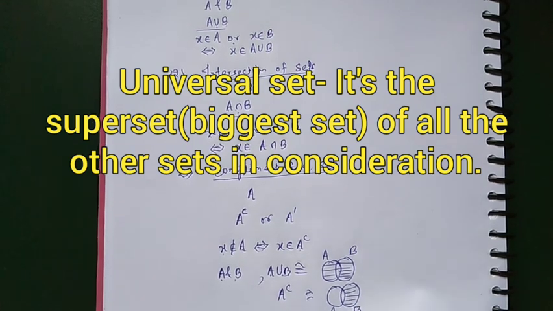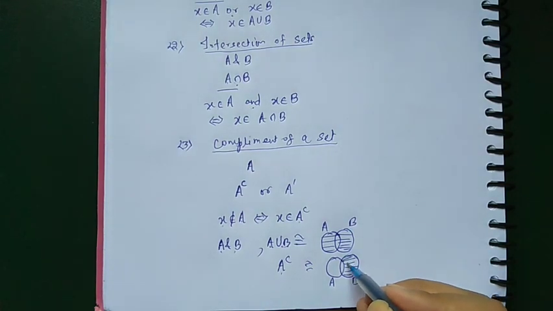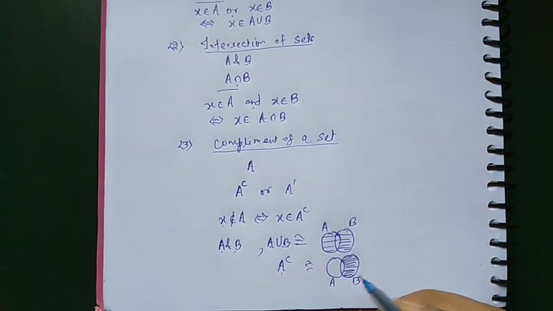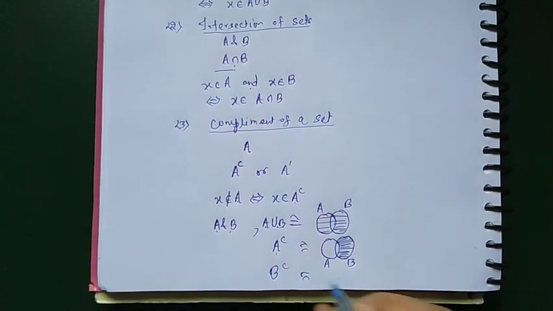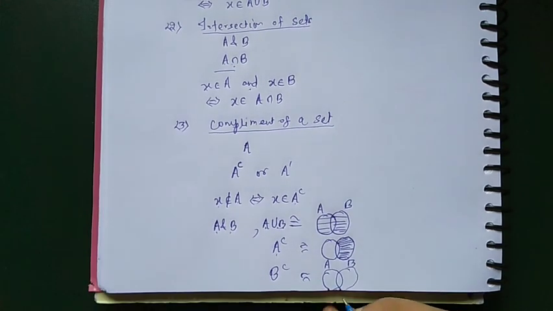This is set A, this is set B. So A complement will be in the shaded region, this. Similarly, B complement can be represented by the Venn diagram and the shaded region, this.